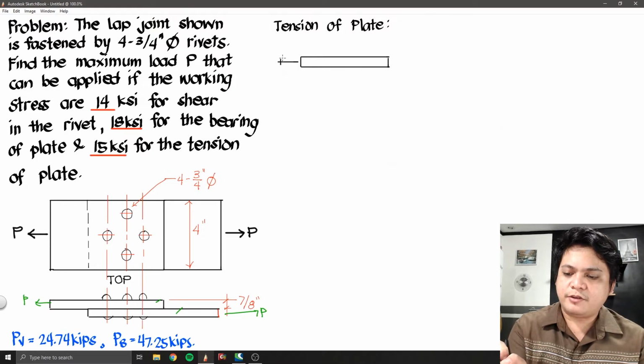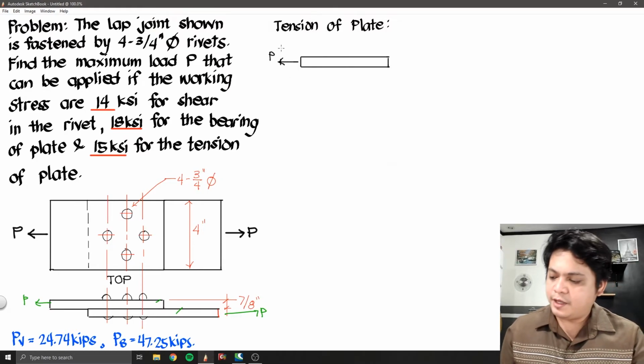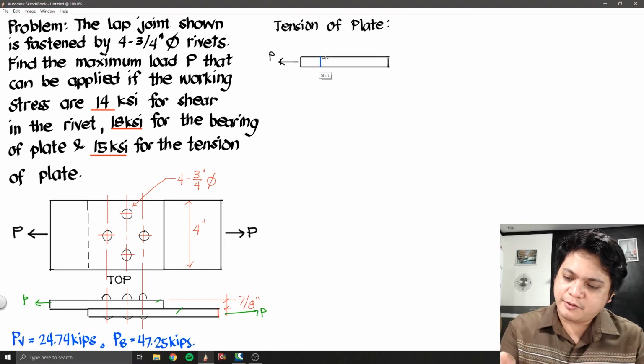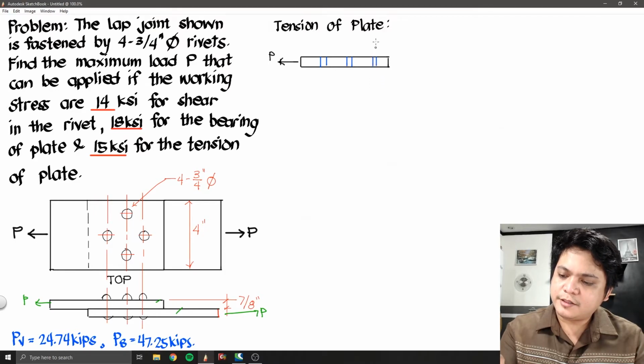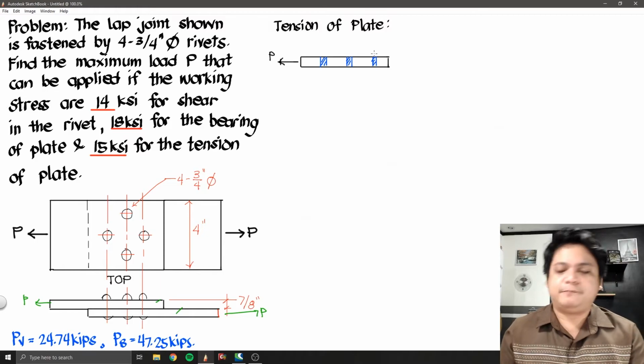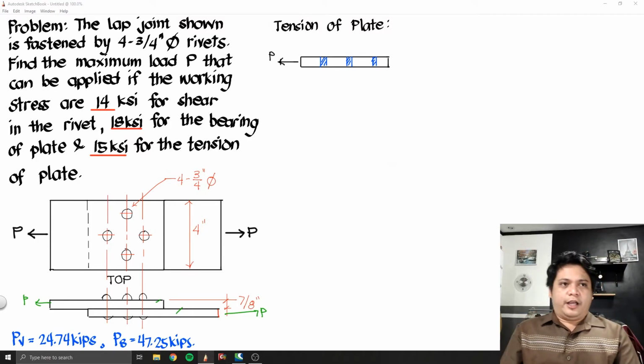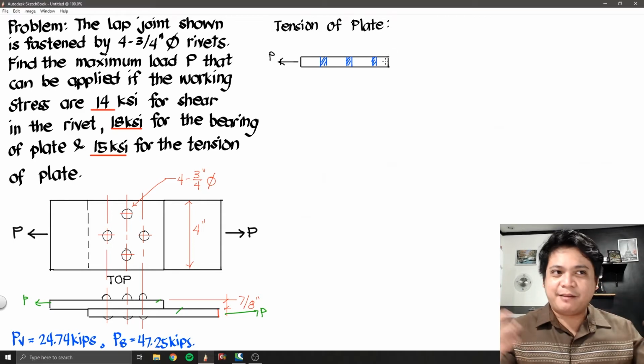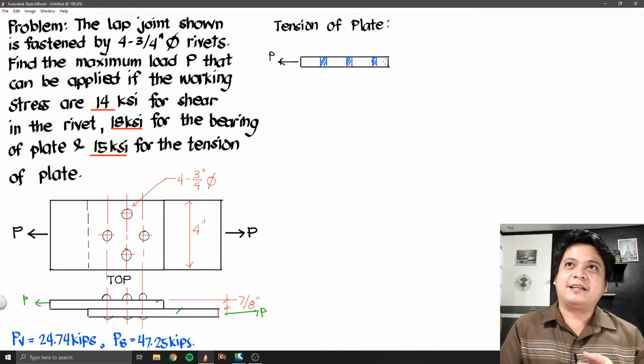So, example, you have there the P. Tapos, meron kang mga rivet. Okay, so, pwedeng dito, and then doon, tsaka doon. Okay, so ito, mga butas yan eh. Mga butas, ano. Okay. Pwede nating i-cut yung section natin sa napakaraming parts.